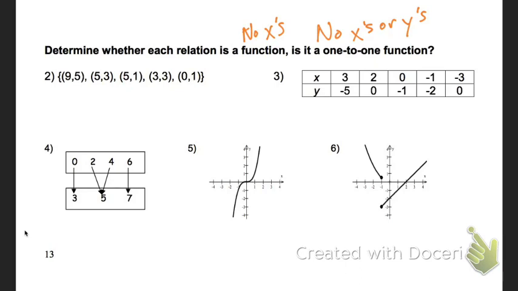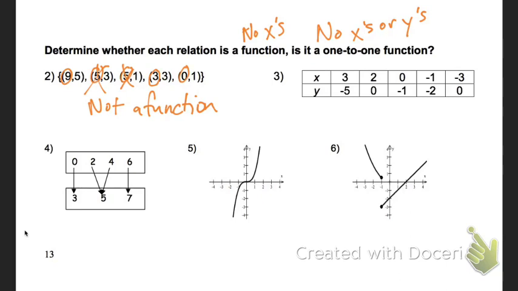So look at number 2. I'm going to circle my x's. What do I think? No. And if it's not a function, it's definitely not a one-to-one function. It can't be one-to-one but not a function. So I don't even need to check one-to-one.